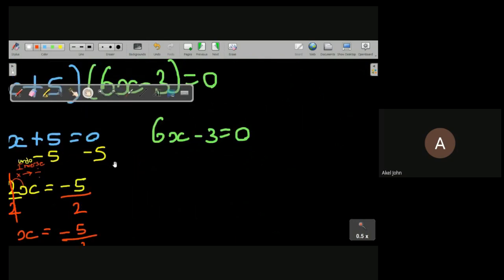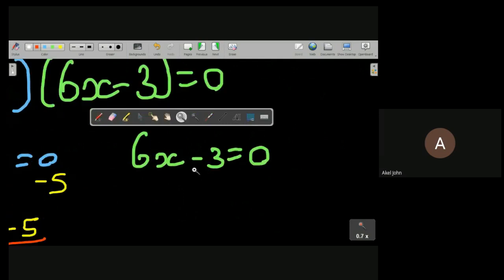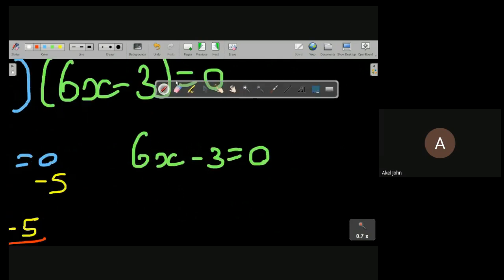So once again, pause the video, and this time take 10 seconds to solve the last remaining solution. Okay, it should be ample time. Again, this time the 6 and the x represent multiplication, so we need to remove the operation of subtraction.